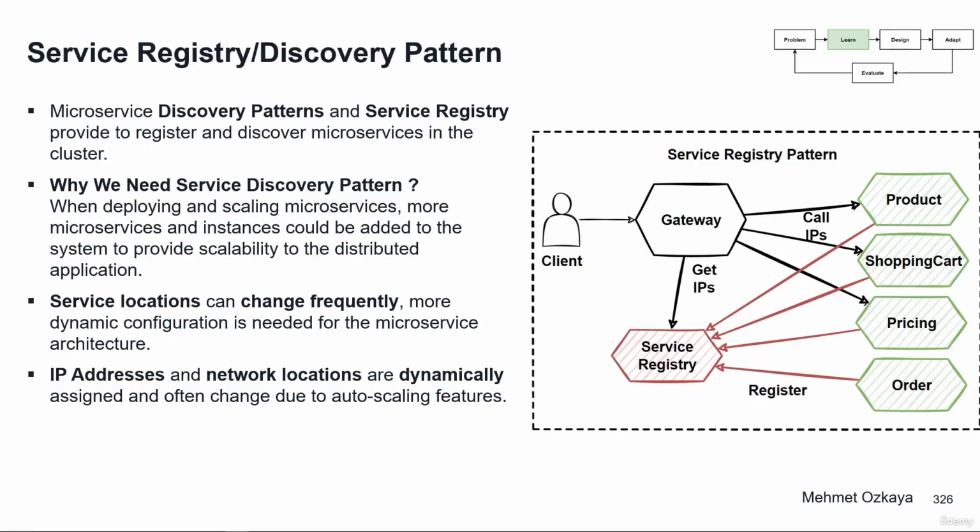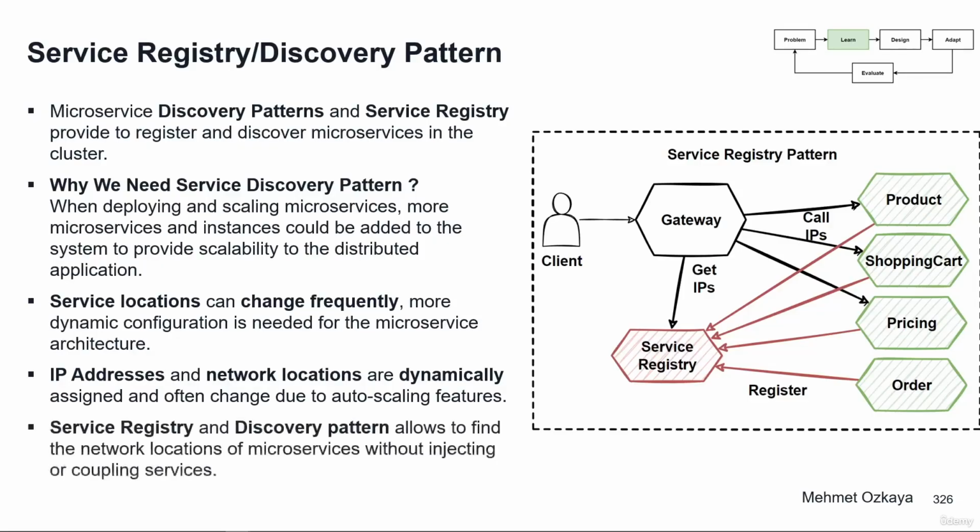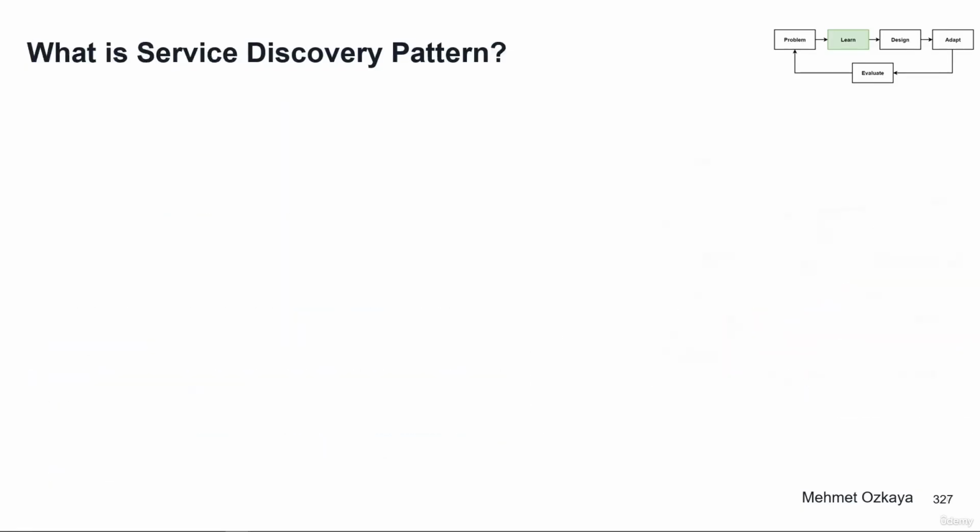This behavior makes it harder to keep track of microservice locations beforehand. As a solution, the service registry and discovery patterns were introduced, and they allow finding the network locations of microservices without injecting or coupling services.